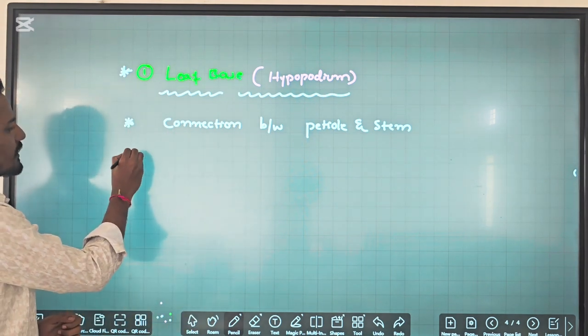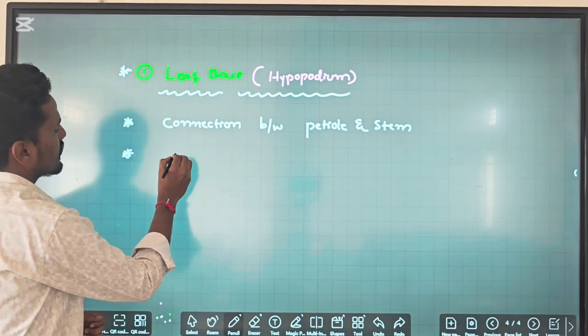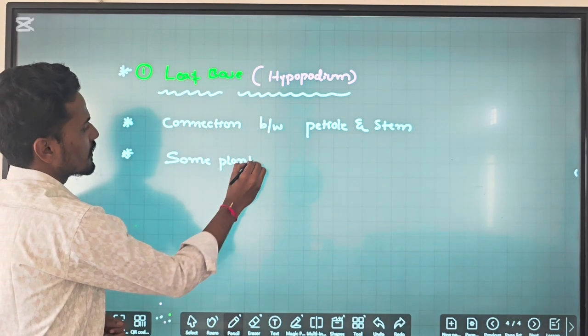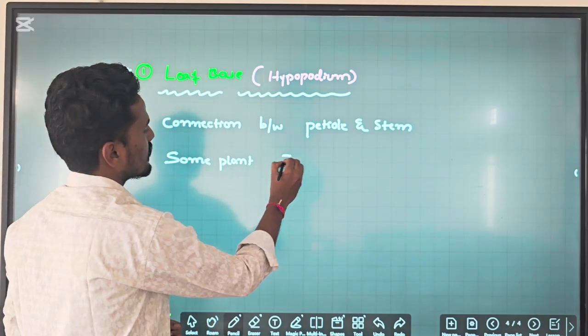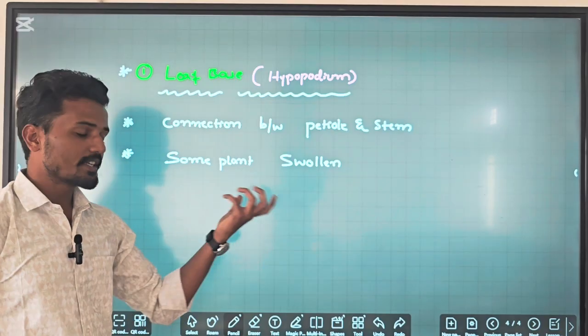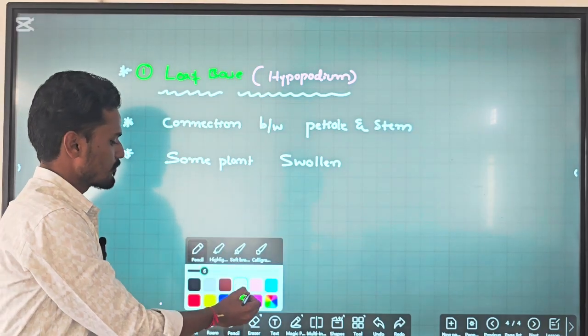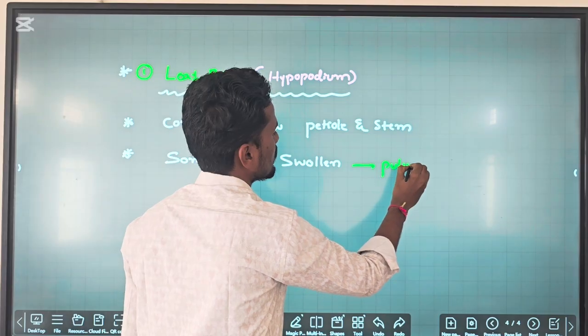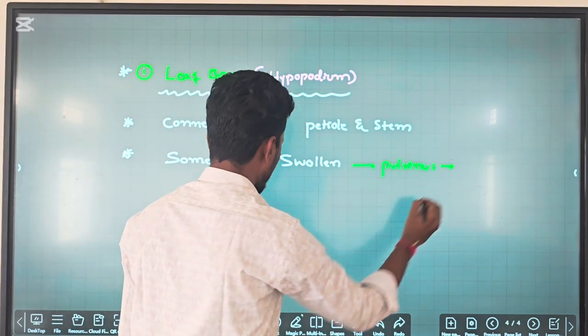In some plants, this leaf base is swollen. That particular swollen structure in some plants is called the pulvinus.